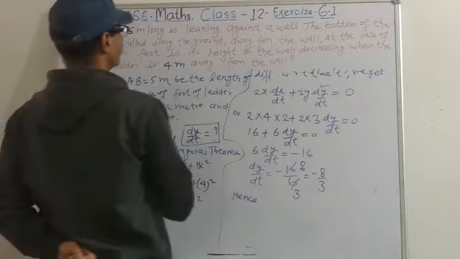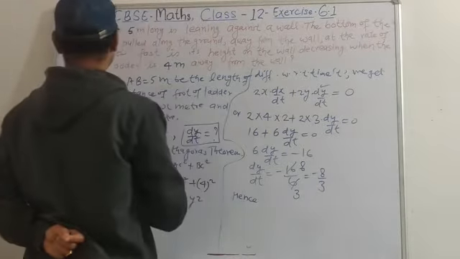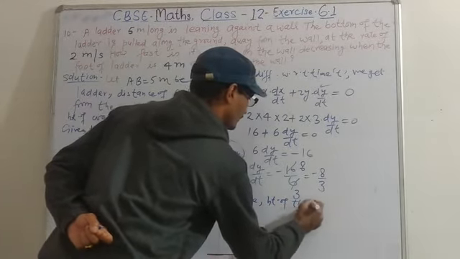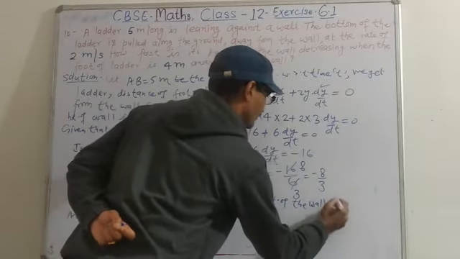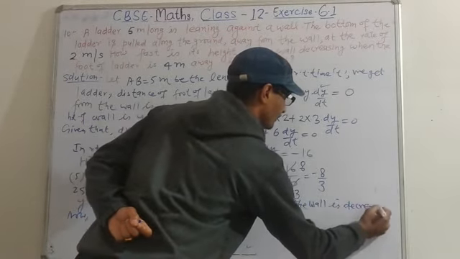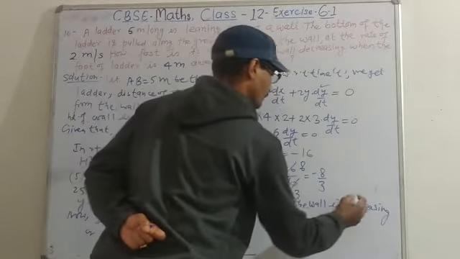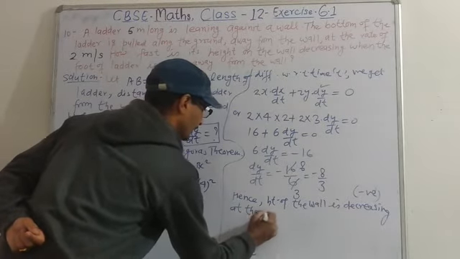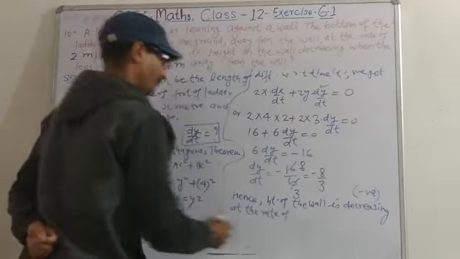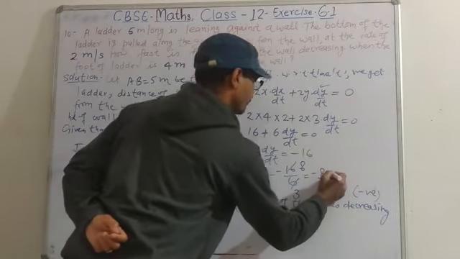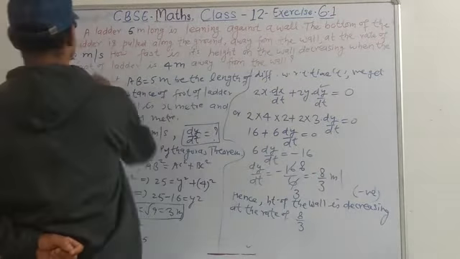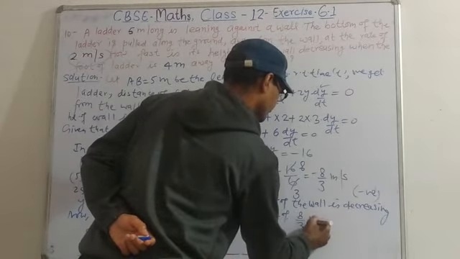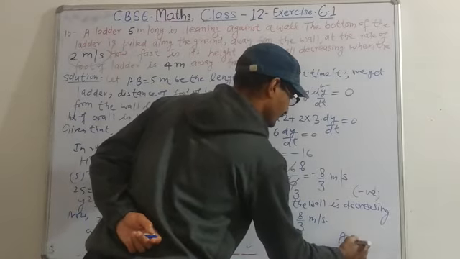Hence height on the wall is decreasing, because decreasing means negative sign, at the rate of 8 by 3 meter per second. See the unit, meter per second, and so it is the answer.